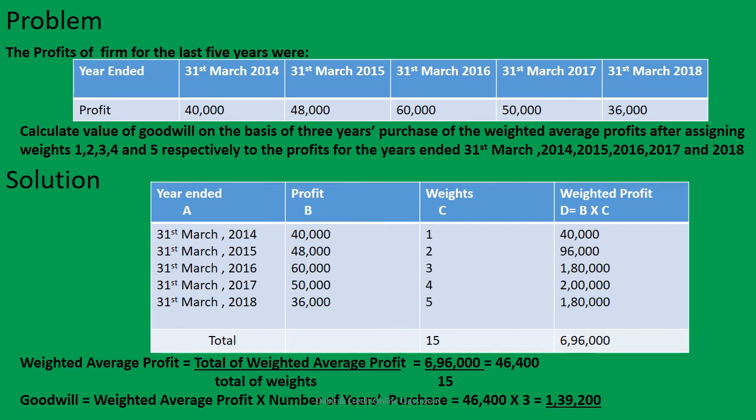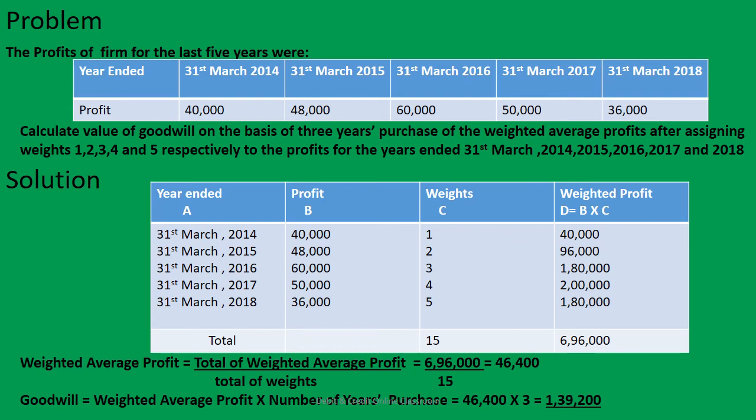Now the weighted profit: 40,000 into 1, that is 40,000. 48,000 into 2, 96,000. 60,000 into 3, 1,80,000. 50,000 into 4, 2 lakhs. 36,000 into 5, 1,80,000. And total of weights is 15 and total of products is 6,96,000.